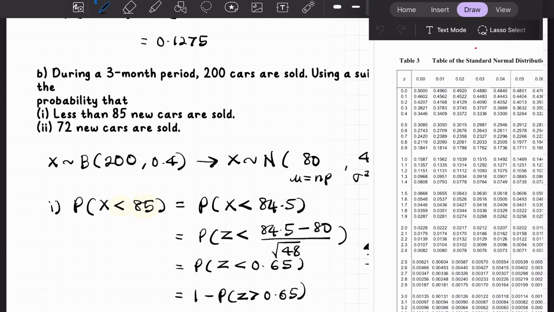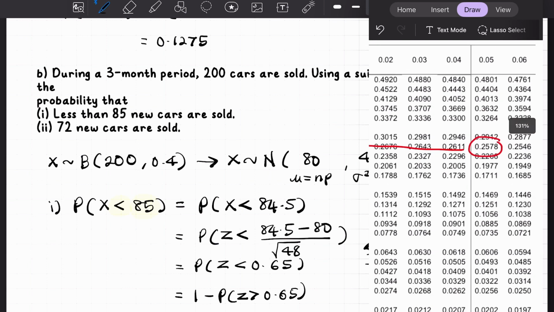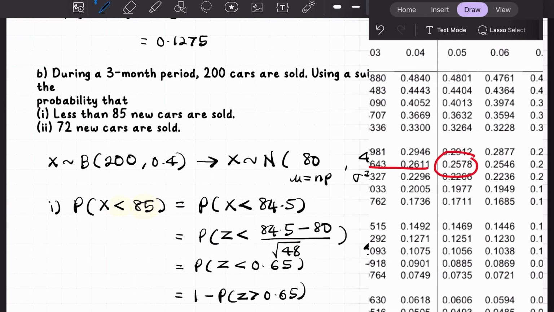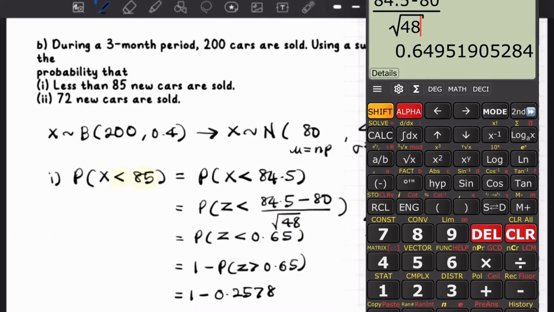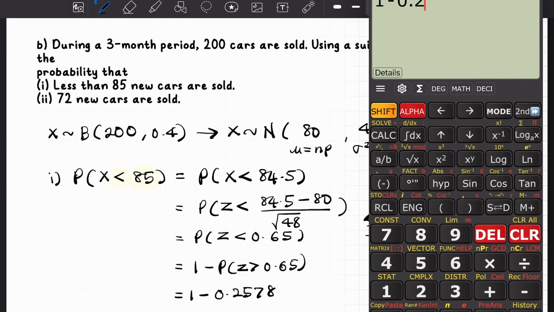This is 0.6 and this is 0.65, so we add 0.05 on the top of the row. So 1 minus 0.2578 is 0.7422.